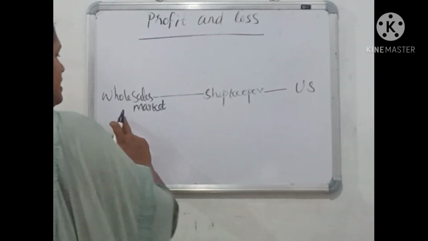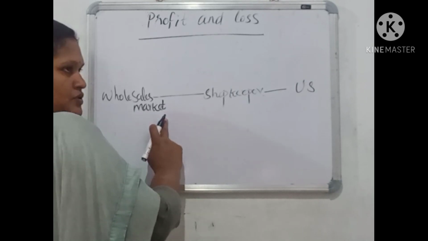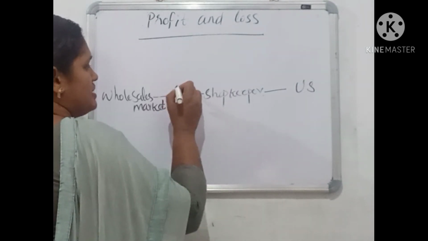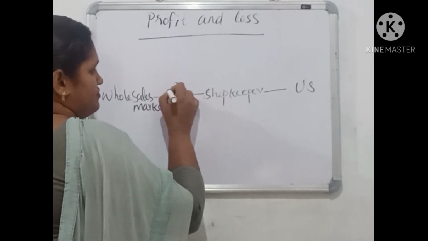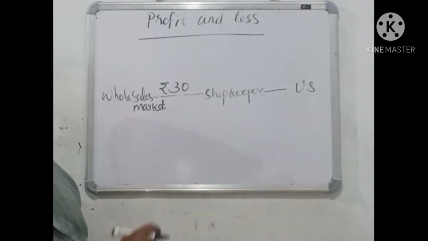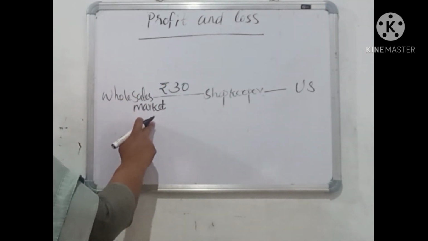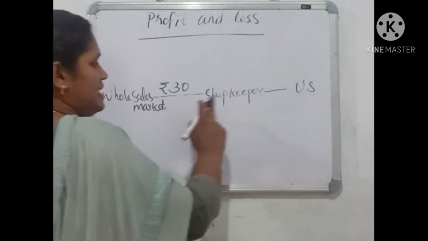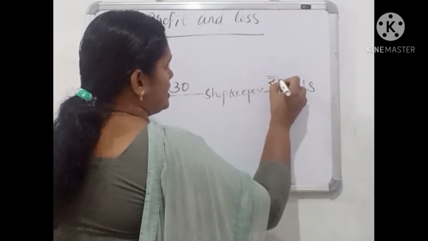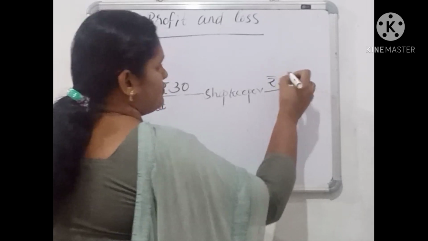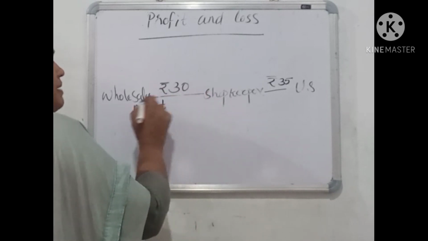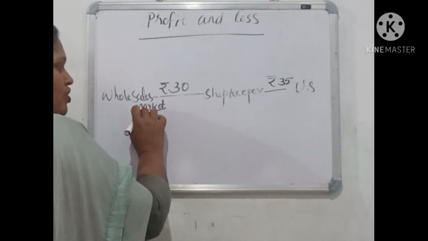Here, suppose he bought 1 kilogram sugar for rupees 30 from the wholesale market, and he sells it to us for rupees 35. Clear?